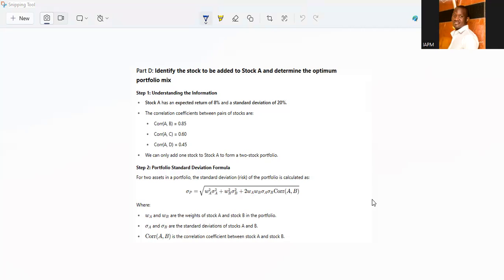So step one, we need to identify the information. Step two, the portfolio standard deviation formula. Step three, we now need to calculate the portfolio standard deviation for each of the stocks. We start by first adding stock B, then stock C, then stock D in this formula that we have.